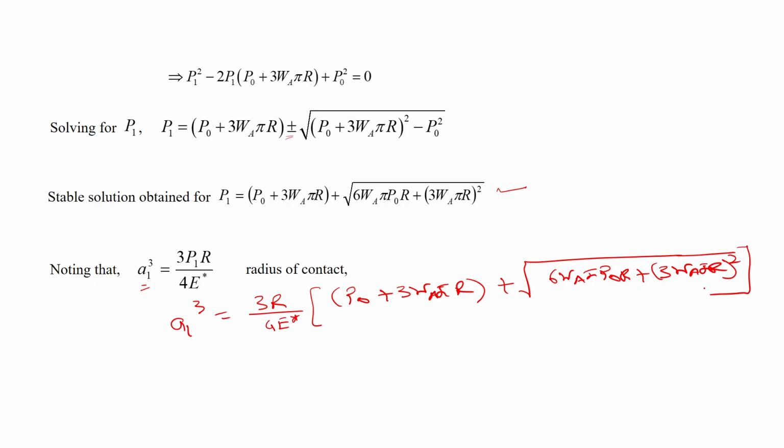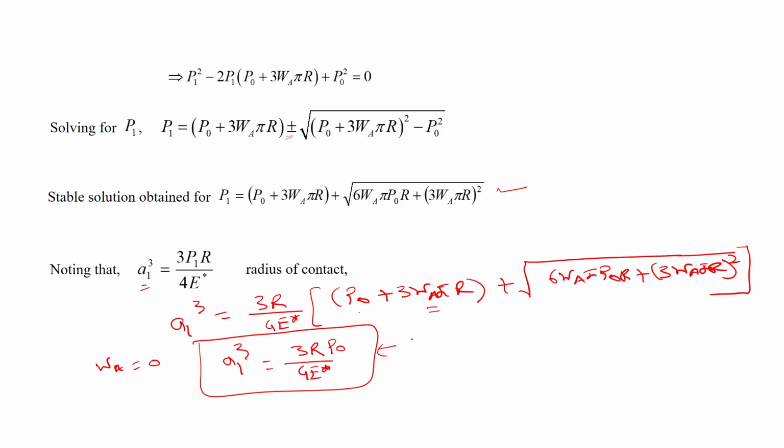So, this is the relation between a1 and p0 in the presence of W_A, and notice that if we write W_A is equal to 0, that means no adhesion, then a1 cube will be equal to 3R by 4E star, and W is equal to 0, so I will have only p0 here. And that will match with the Hertz mechanics relation for a1, for an applied contact load p0.